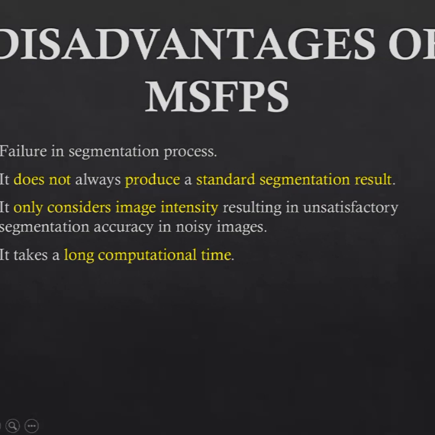However, this method does not always produce a standard segmentation result as it depends on the random initial membership values provided when the method is launched. In addition, this method only considers image intensity and hence produces unsatisfactory segmentation accuracy in noisy images. Lastly, since this method is iterative in nature, it takes a long computational time.